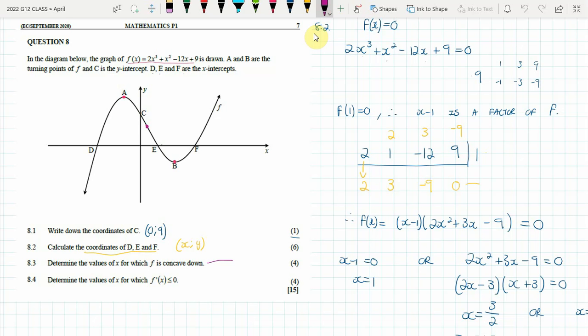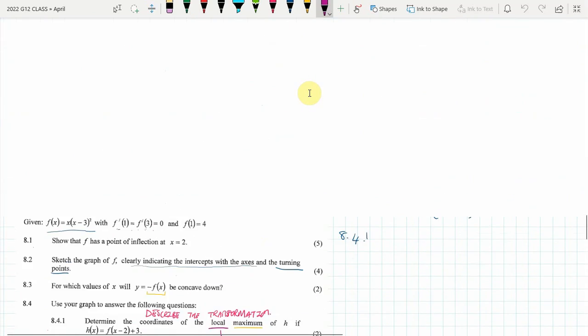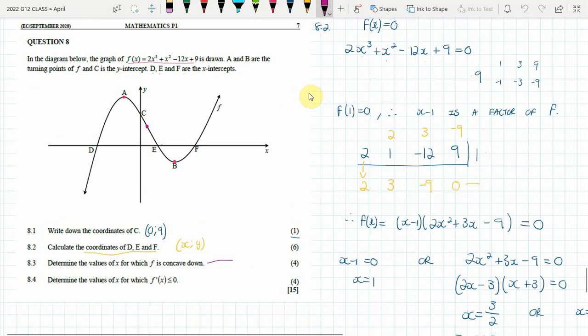Now let's work out the x coordinate of the point of inflection. We're going to need f. Do we have it anywhere? No, doesn't seem like it. f of x is 2x^3 plus x^2 minus 12x plus 9.